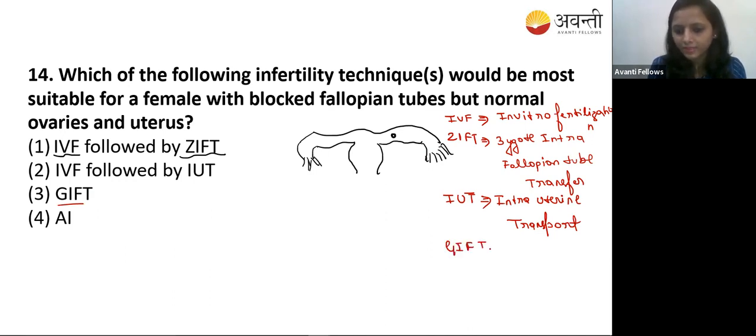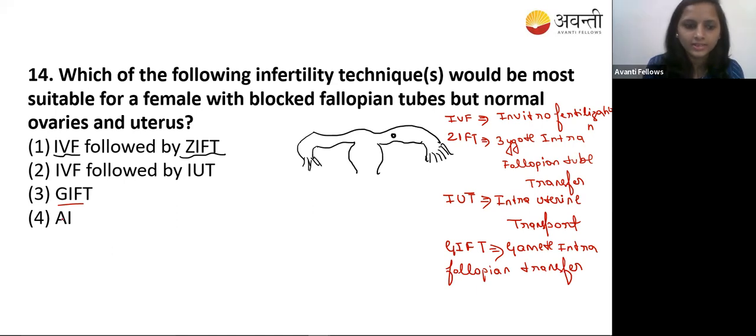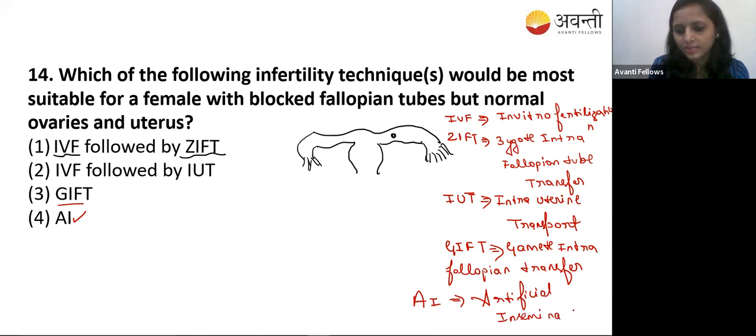GIFT is gamete intrafallopian transfer. Then coming to what is AI? AI is nothing but artificial insemination. Okay, so let us learn about all these things.